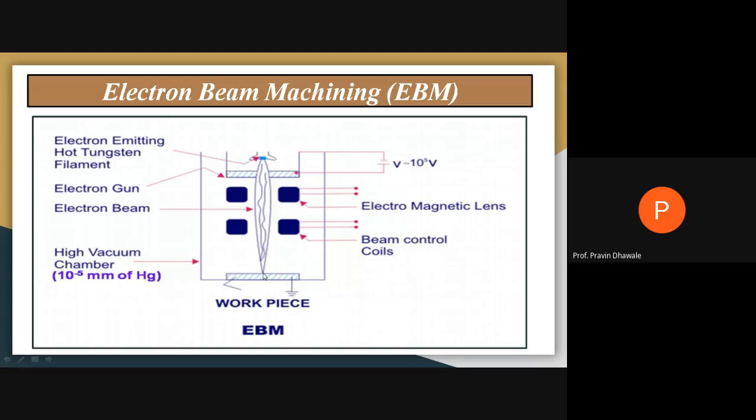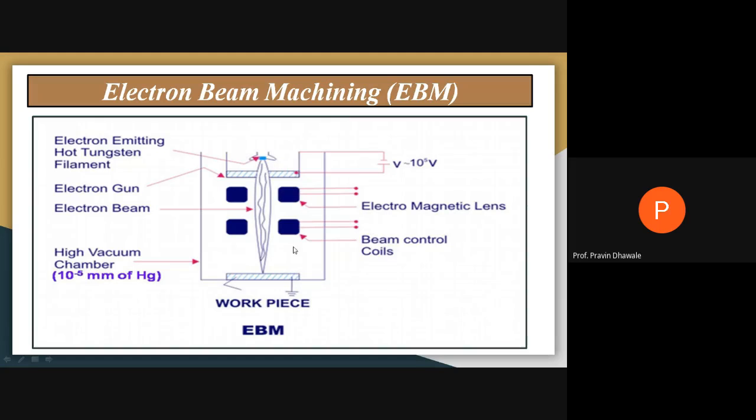But one care must be taken in electron beam machining: the workpiece and the tool or mechanism must be kept in a vacuum chamber.